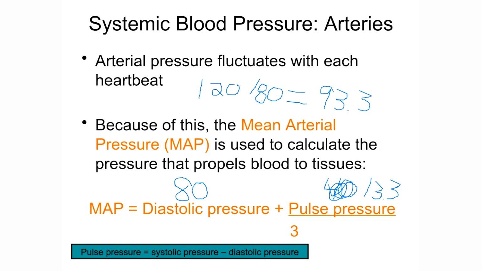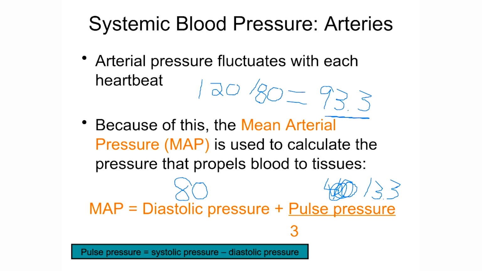Now you may be looking at this number, this 93.3, and saying that's not a pure average. Because if we took a pure average, we would do 120 plus 80, which would give us 200, and then we would divide that by 2, and that would give us an average pressure of 100. The reason that this number is smaller, closer to the diastolic pressure, is because the heart is usually in diastole, and this can change somewhat based on heart rate, about 3 times as long as it's in systole.